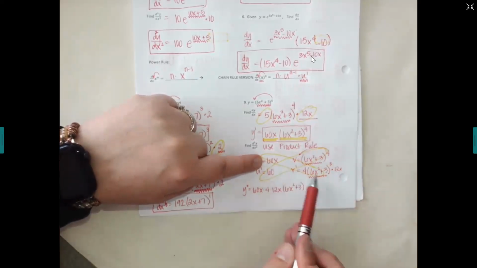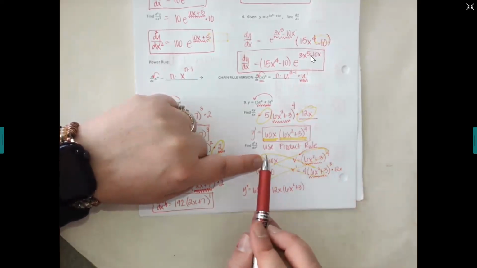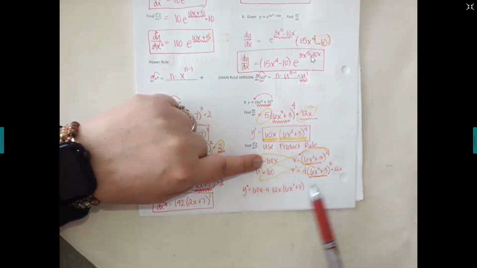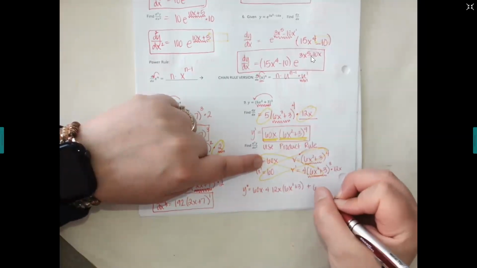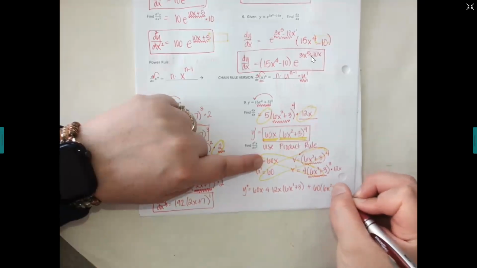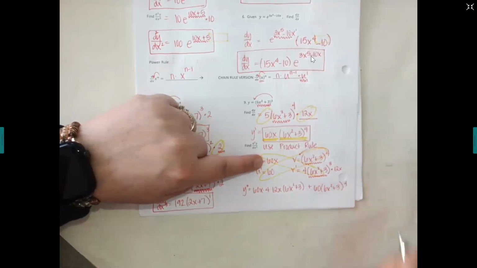That's this diagonal. Okay, and notice that I put the 4 and the 12x kind of in the front because all of this is going to go together in a minute. Okay, then plus, then this diagonal would be 60 times 6x squared plus 3 to the 4.